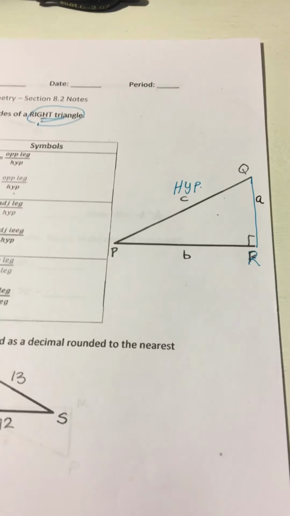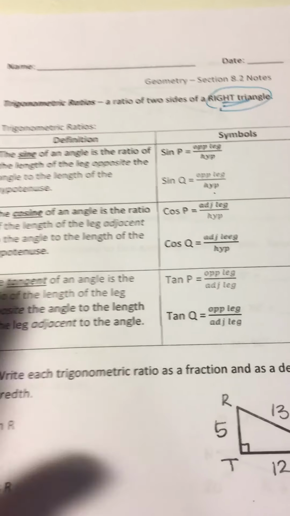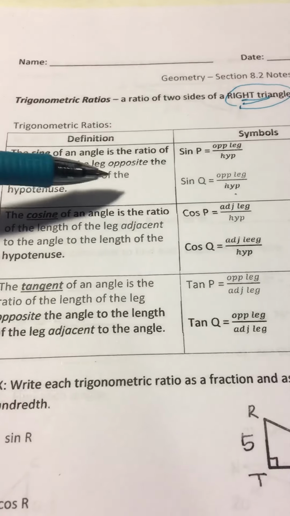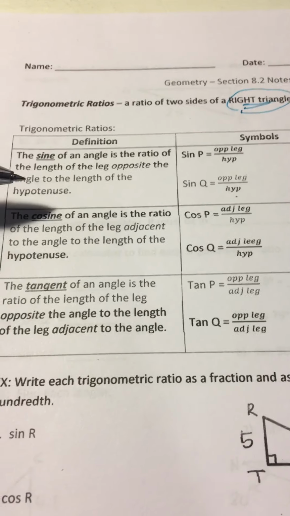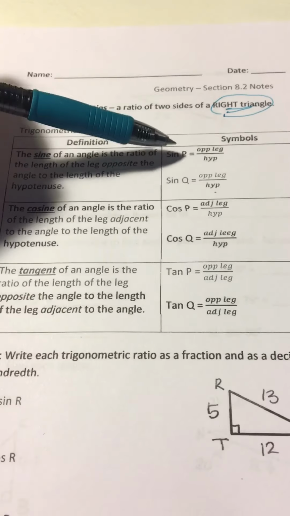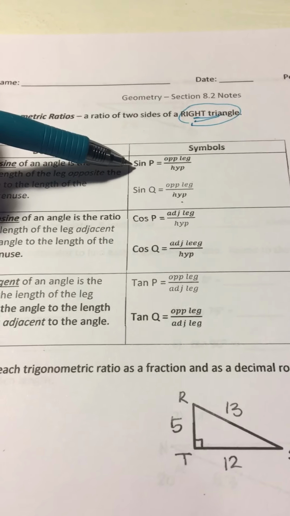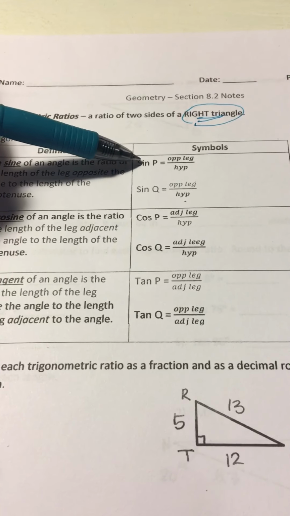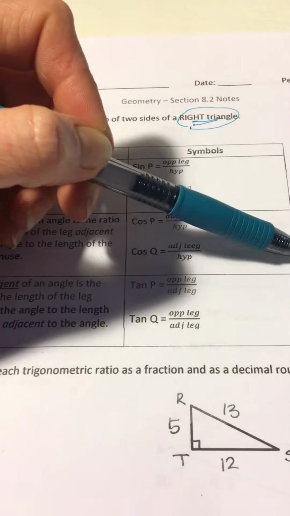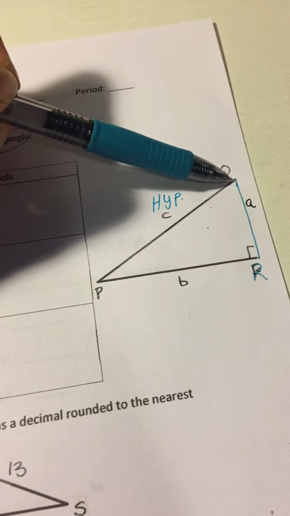Okay? So if you notice the definitions of sine, cosine, and tangent, sine of an angle is the ratio of the length of the leg opposite the angle to the length of the hypotenuse. So when you're using trig functions, in particular sine in this case, you're always going to take the sine of an angle, whether it's angle P in this case, or the sine of angle Q, which is over here.